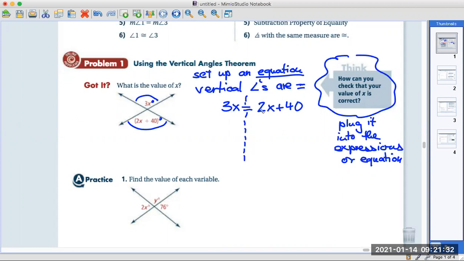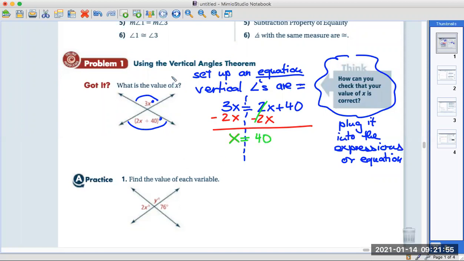So we got x's on both sides. So I'm going to move my x's to one side. I'll subtract 2x here and here, line them up. 3x minus 2x is simply x, or 1x. This is gone, and that's the 40. So x is 40. That was easy, right?